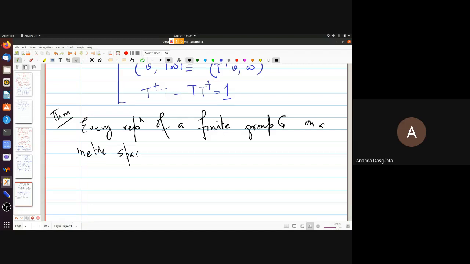The important thing is, in order to be able to talk of unitary representations at all, the underlying vector space on which the representation is sitting has to have an inner product defined, so it has to be a metric space, right? Every inner product automatically defines a metric. Actually, strictly speaking, we generally don't demand a metric space. All we demand is an inner product space.